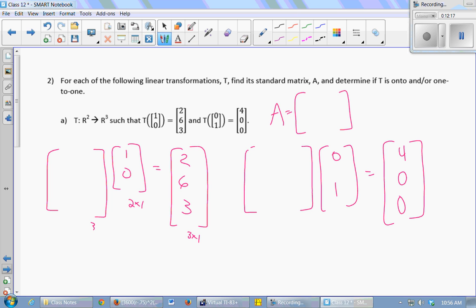When you multiply a matrix times a vector, the inner dimensions have to match, so the 2 and the 2, and then the outer dimensions give you the resulting vector, the 3 and the 1. So this is a 3 by 2, 3 rows, 2 columns. So I have to figure out what goes there so that when I multiply by 1, 0, I get 2, 6, 3.